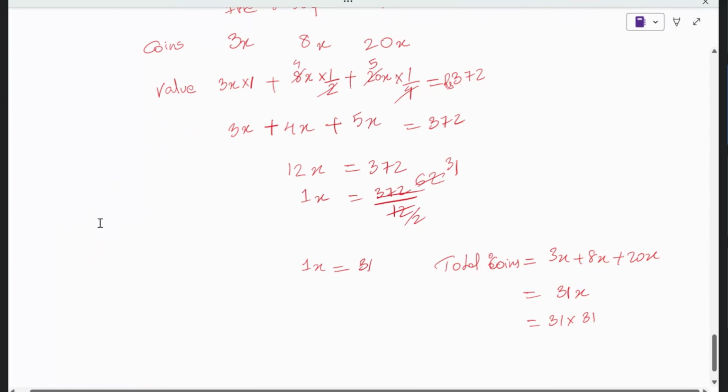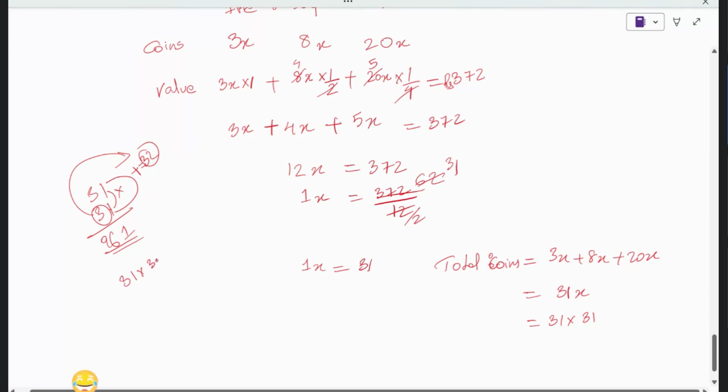You do it this way: 31, 31. 1 times 1 is 1. Now again, 1 plus 31 will give us 32. This 32 we will multiply with 3, which will give us 96.